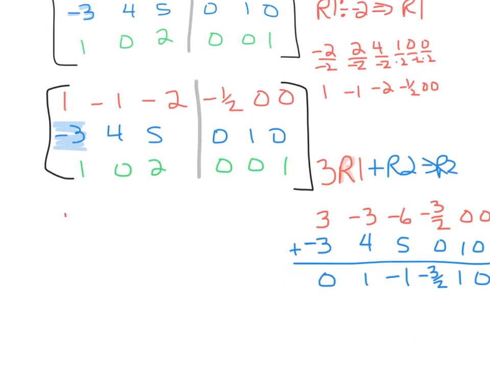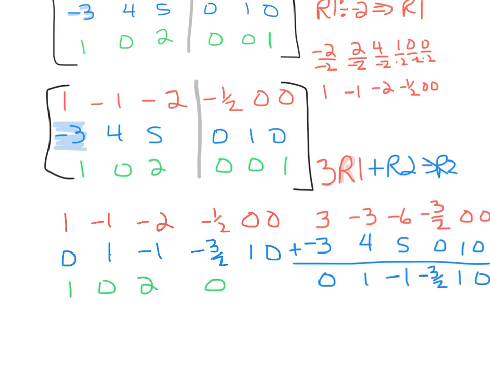I'm going to rewrite row 1, fill in the new row 2, and rewrite row 3. Show my dividing line here.